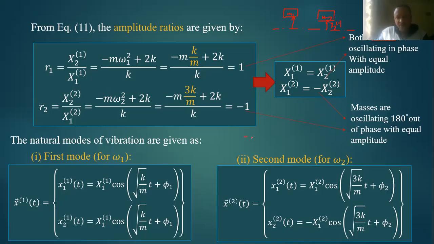For example, if I consider this as an equilibrium position, one of the masses is above the equilibrium position with some amplitude x. Another mass is also in the opposite direction with the same amplitude x. So they are moving out of phase. For example, this is mass 1 and this is mass 2.